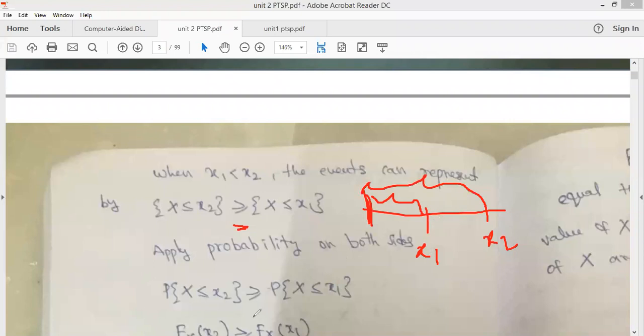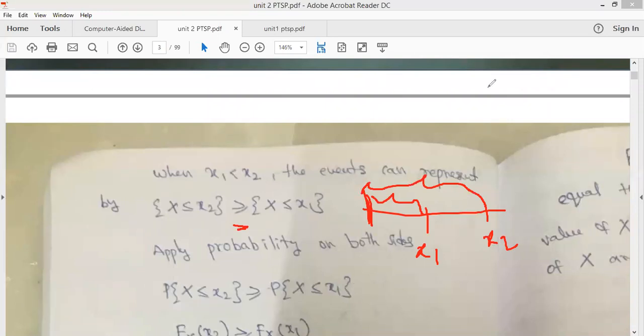Now we are finding the probability. Since up to x2 there are more elements, the probability of X less than or equal to x2 will also be higher compared to the probability of X less than or equal to x1. So the probability of X less than or equal to x2 will always be greater than or equal to the probability of X less than or equal to x1.